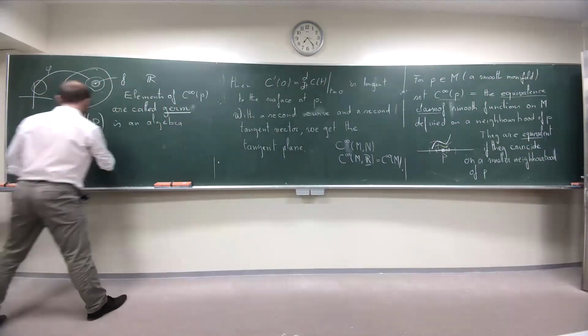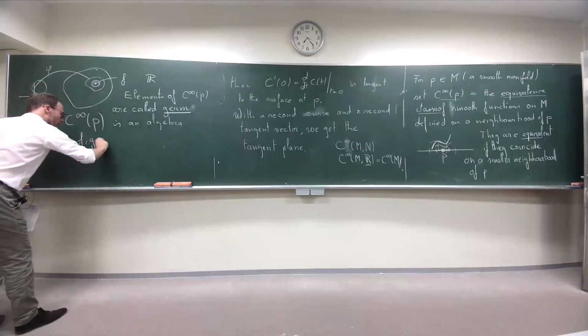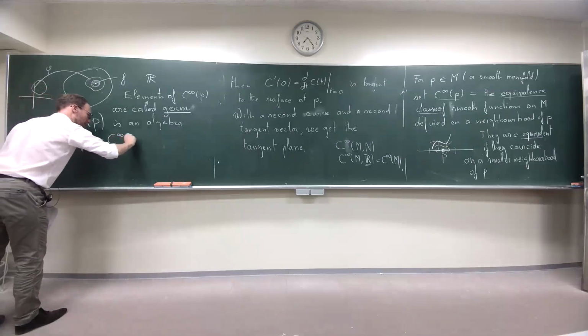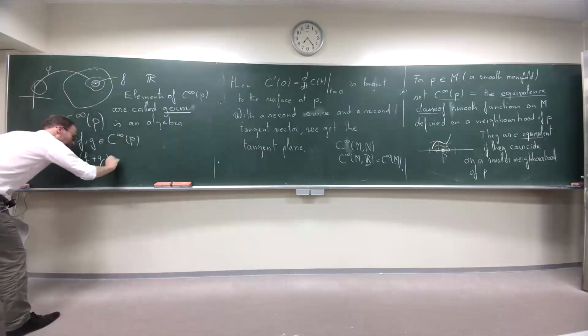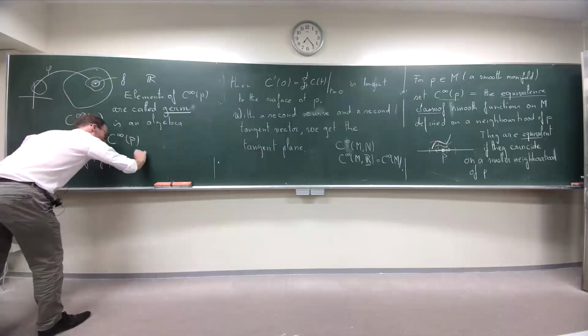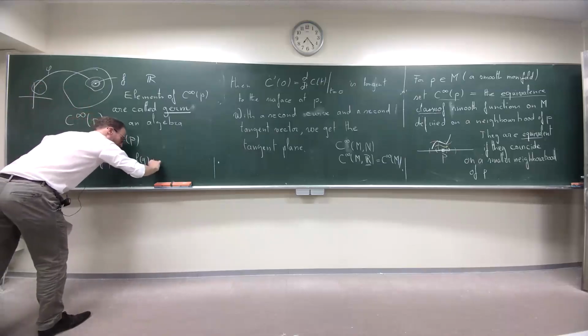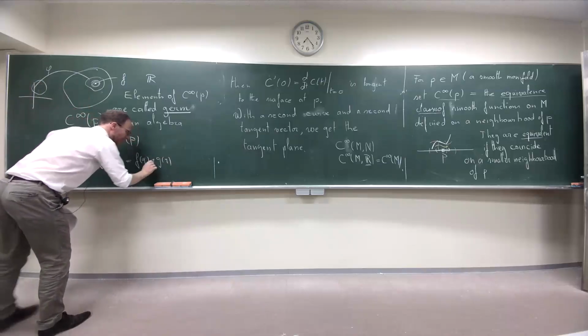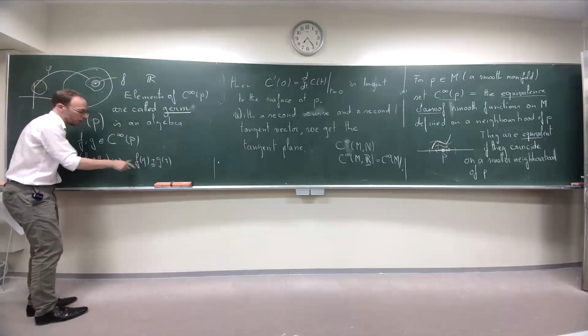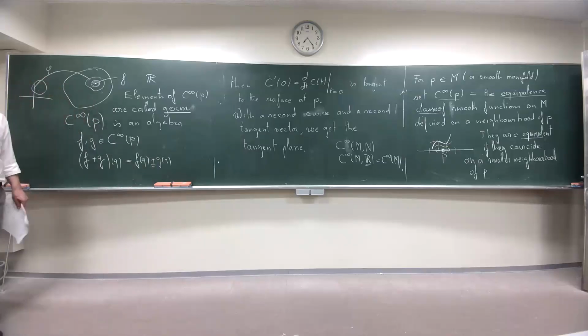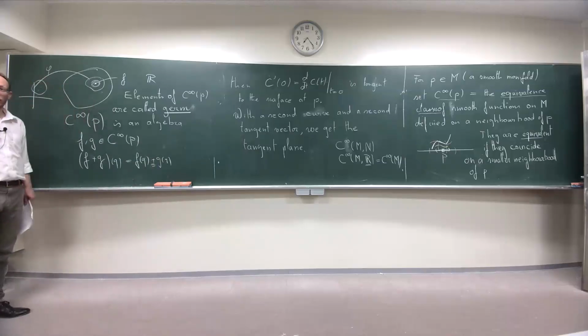You can take f and g, two functions in C infinity at P, then you define the sum f plus g at one point Q as f of Q plus g of Q. What is this plus? This is a plus of R. Because these are numbers, you can add them.